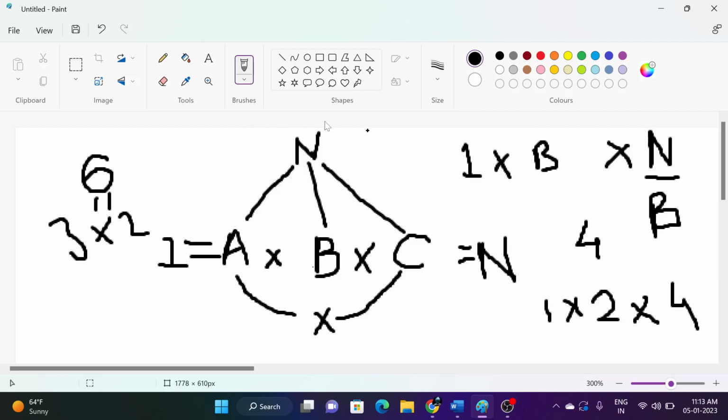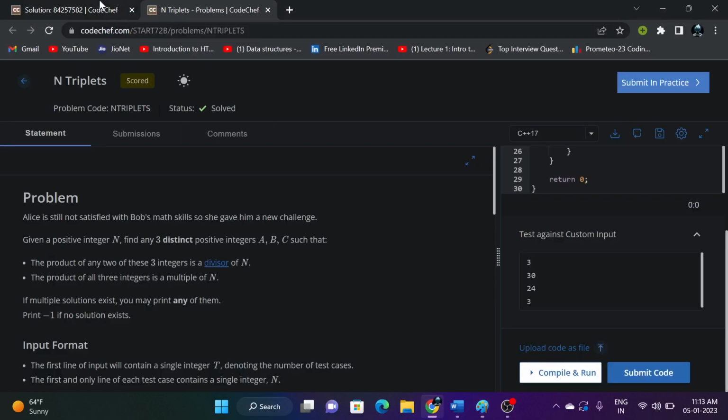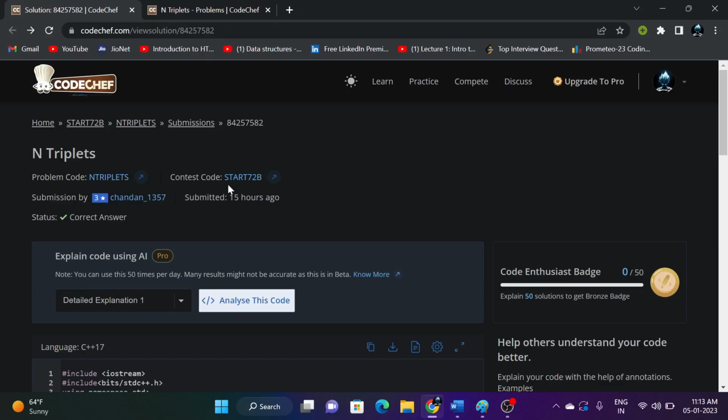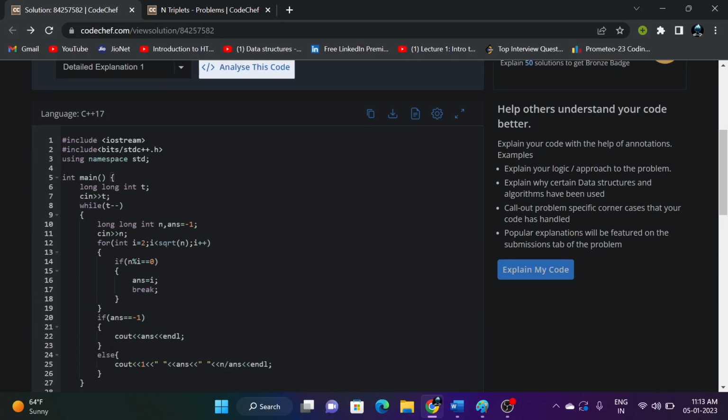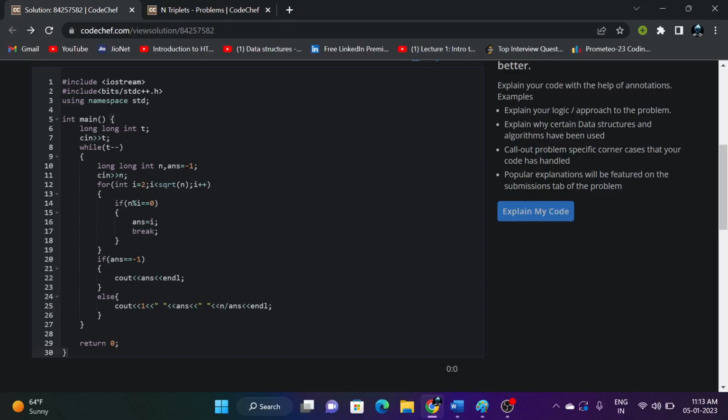Okay, now I think proper explanation has been given, and now let's go to the C++ implementation of the solution that we discussed. We take the number of test cases and input n, and we initialize the answer as -1.